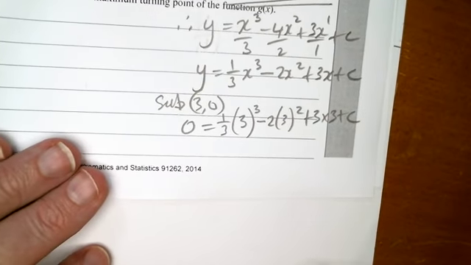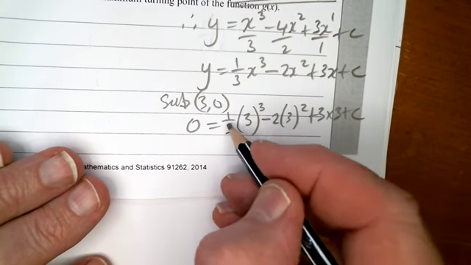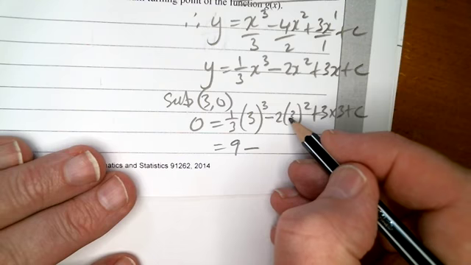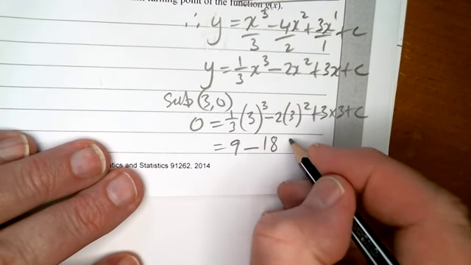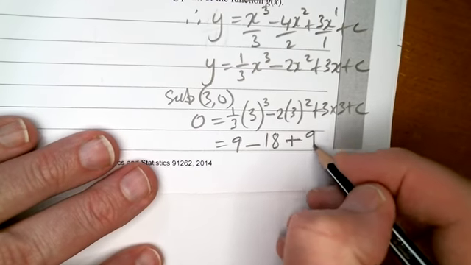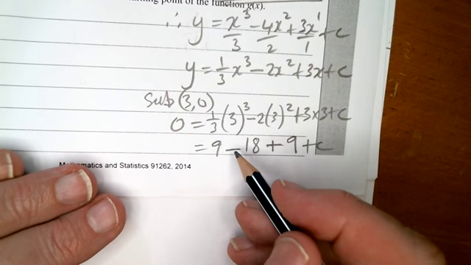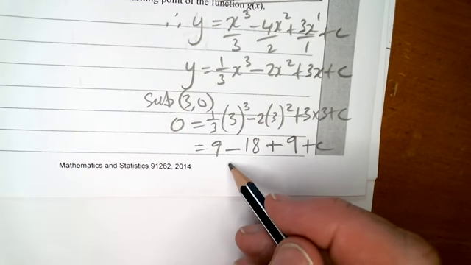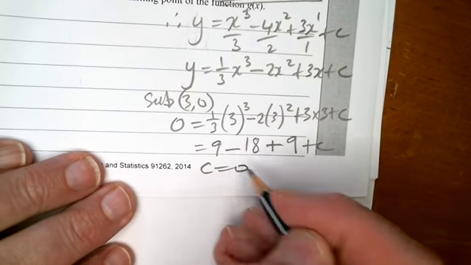Going off the page a little bit here. 3 cubed is 27. A third of 27 is 9, minus 3 squared is 9, 2 nines are 18, plus 3 times 3 is 9, plus c. So we've got a 9. Oh, look at that. Looks like it's going to end up being 0. 9 and 9 is 0, so c equals 0.